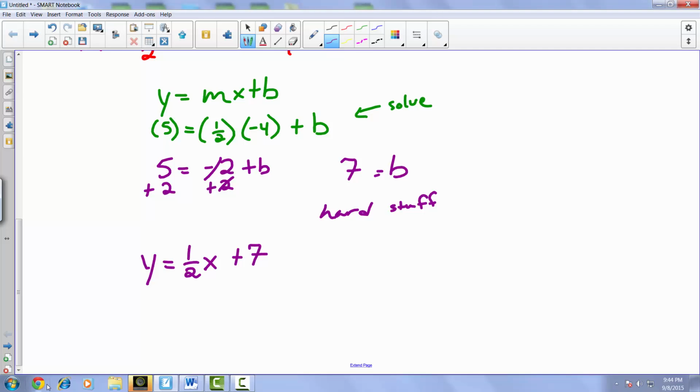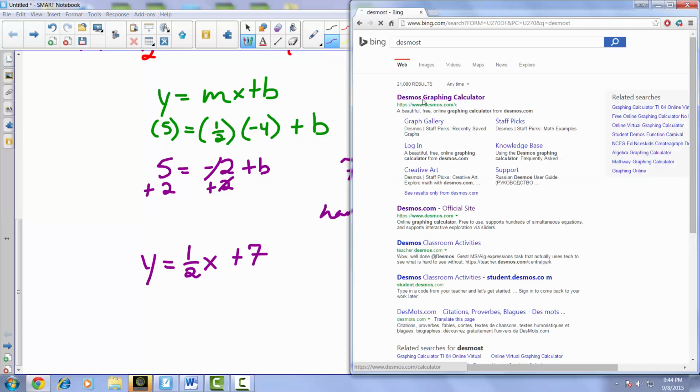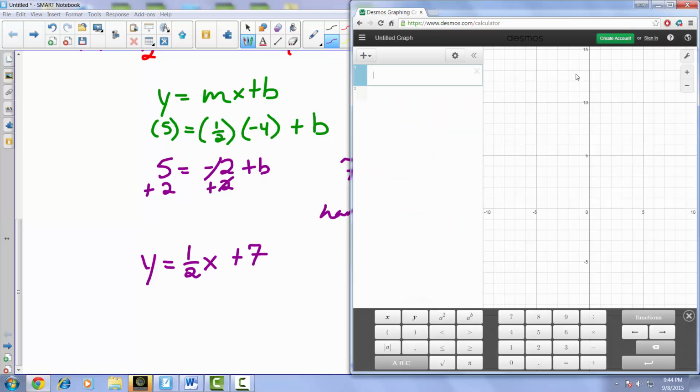Let's go ahead and very quickly graph these. Our first equation was 1/2 x minus 2. And again, here is that line.